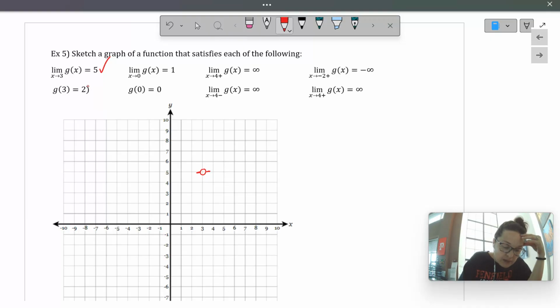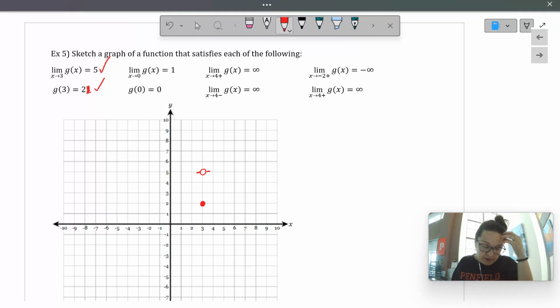But right beneath it, with an extra parenthesis for some reason, it says g of 3 is supposed to equal 2. So g of 3 has a dot at 2, which means my limit is a removable discontinuity with a hole, and the function actually equals 2 somewhere else.